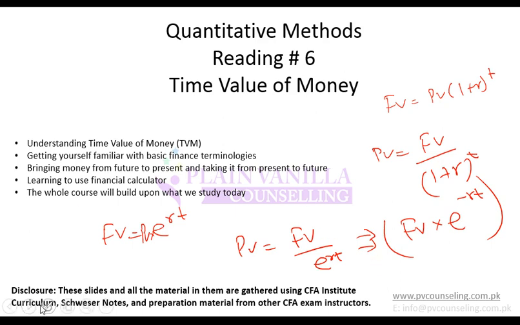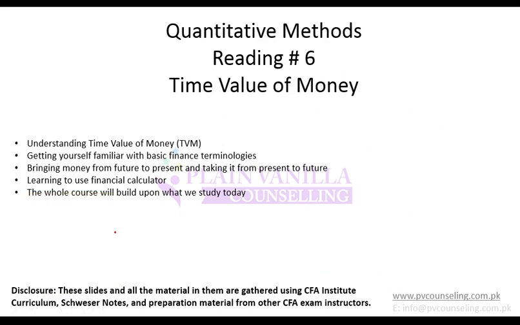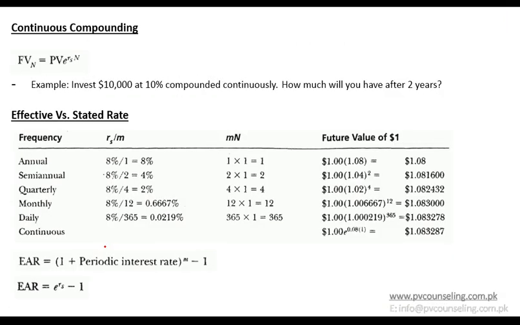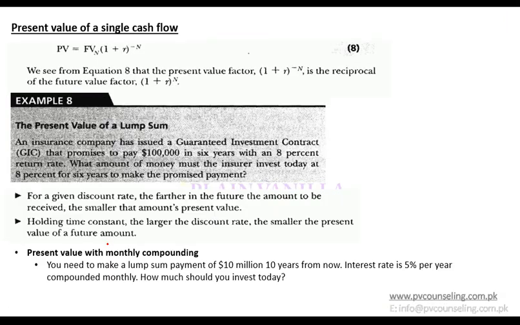In your calculator, so far you were inputting present value. Now you can input future value and compute present value. So for example, this is the question. An insurance company has issued a guaranteed investment contract that promises to pay $100,000 in 6 years.